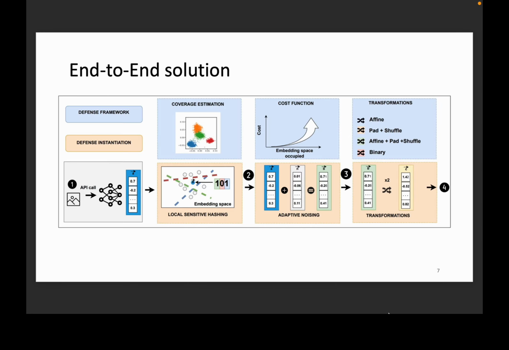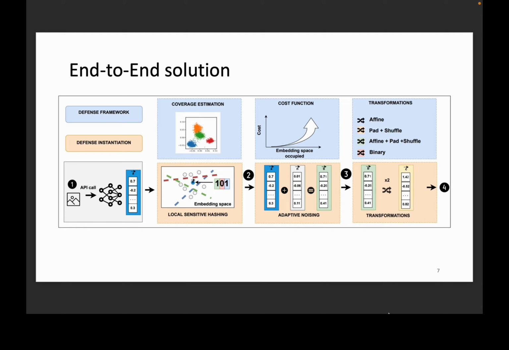To finish, let me describe our end-to-end B4B solution. First, when a user sends a data point to the API, the encoder calculates the output representations. Then, we measure the coverage of the representation space for cumulative queries for a given user.